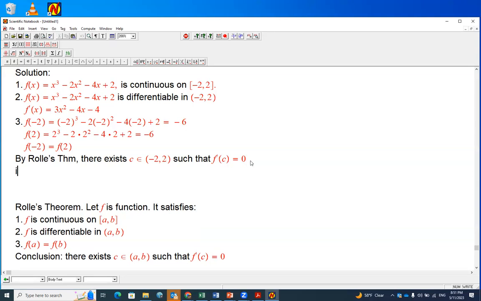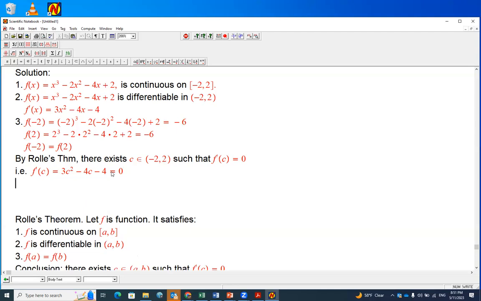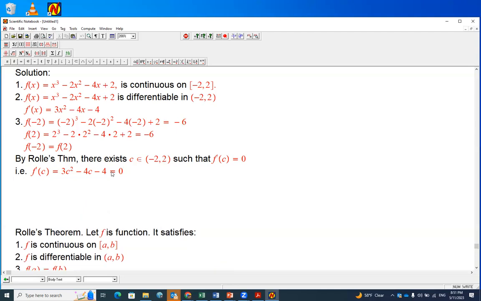That is, in our case, the derivative with x replaced by c, because c is a number that we claim exists, equals 0. Next, we're going to solve for c. This c should be inside the interval.